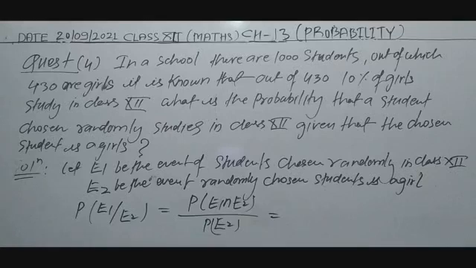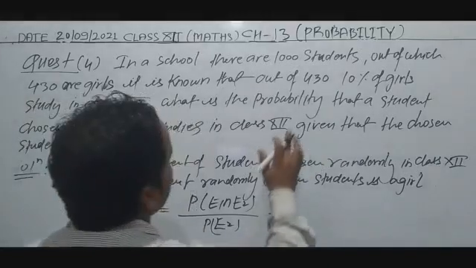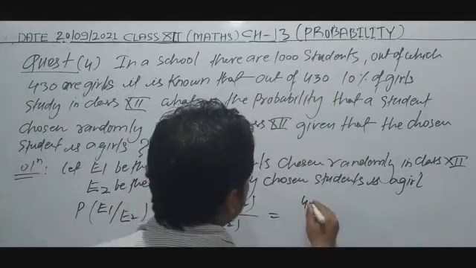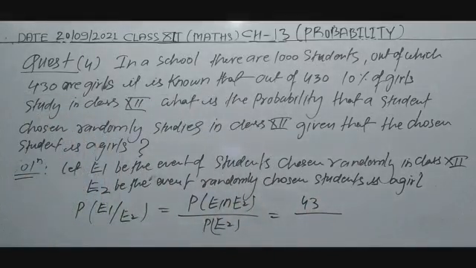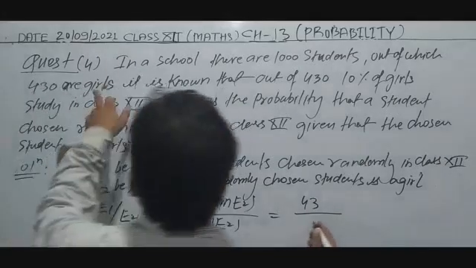Out of 430 girls, 10% study in class 12th. So 10% of 430 is 43. So for E1 intersection E2 we get 43 by 1000, because the total number of students is 1000.